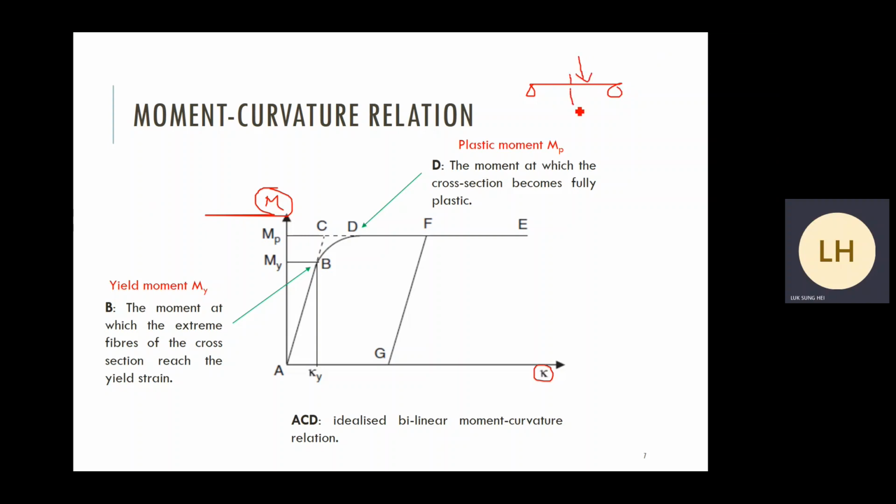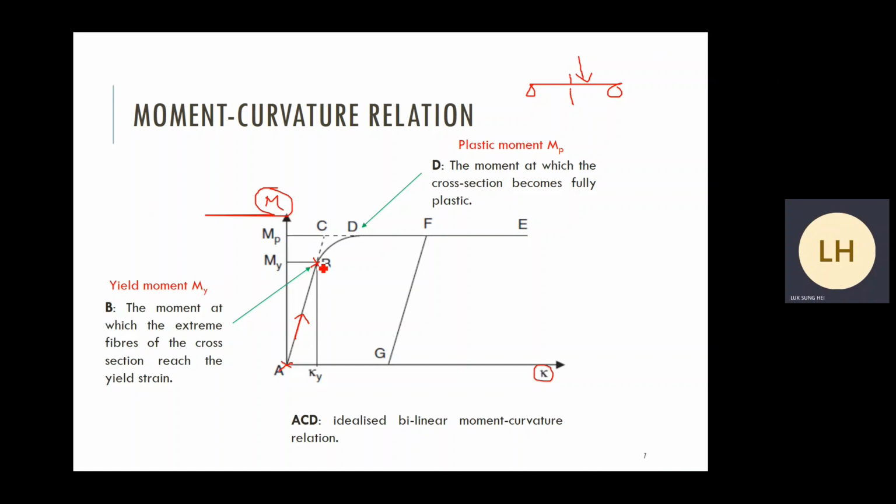When you apply the loading gradually, the moment at the section under consideration will increase gradually from 0. At the beginning, everything remains elastic, so we have a straight line until reaching our yield limit here, at point B. When the section starts to yield, we start to see nonlinear behavior.